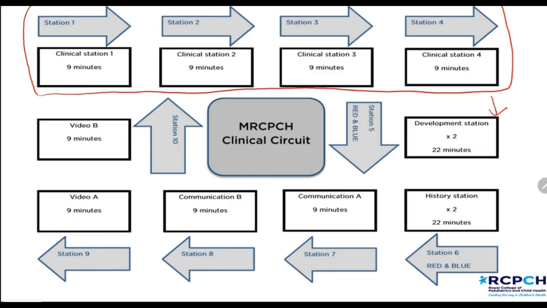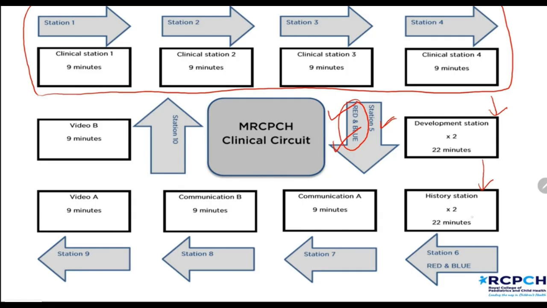So there are 2 developmental stations running in parallel, either red or blue. So the candidate will be given either red developmental station or blue developmental station, and both these two stations have got the same scenario. You will be given either one of them, and followed by station 6, that is the history station.